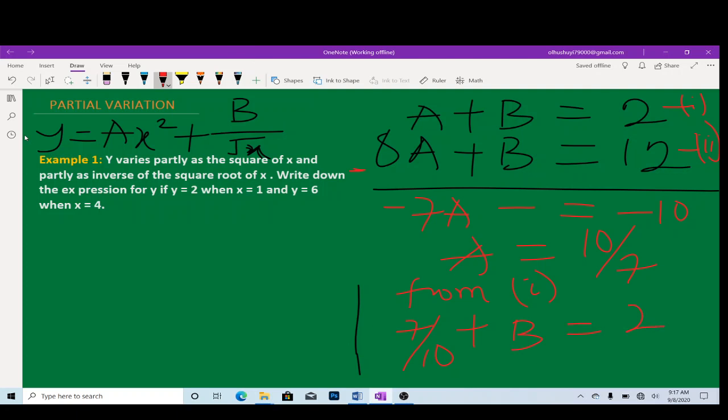What do you do? Multiply through by 10. So you're going to be having 7 plus 10b equal to 20. So that means 10b can be equal to 20 minus 7.